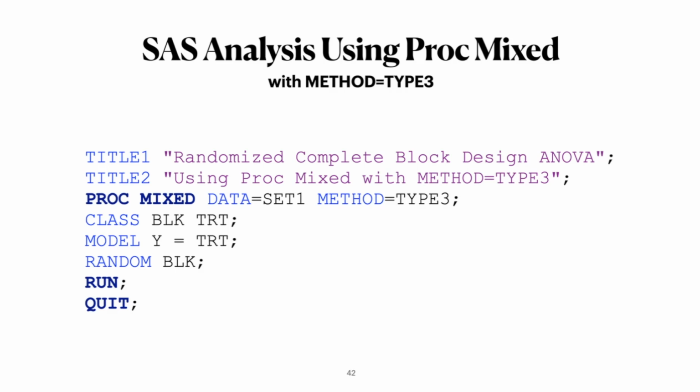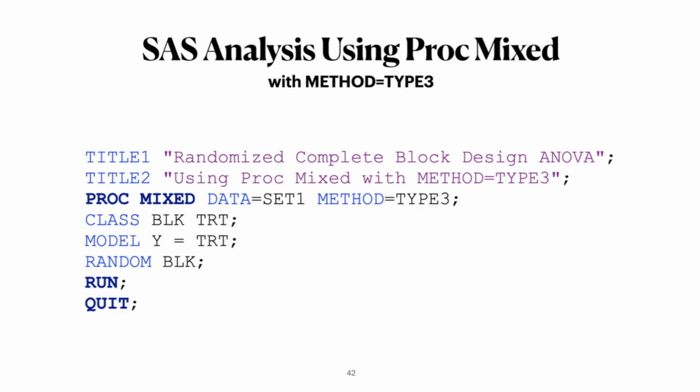Proc GLM does not have the ability to correctly analyze data or a model that has random effects. It has a random statement, but it's not used for what you would think it would be used for. So don't be confused by that. I think a lot of people have been tripped up by that in the past.